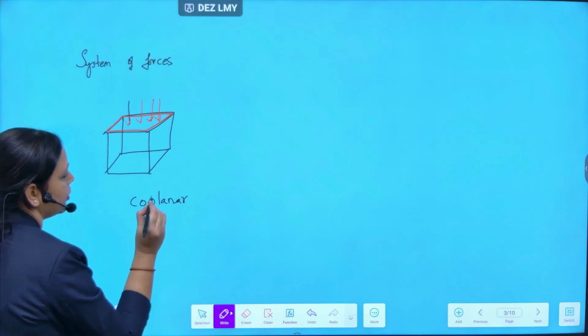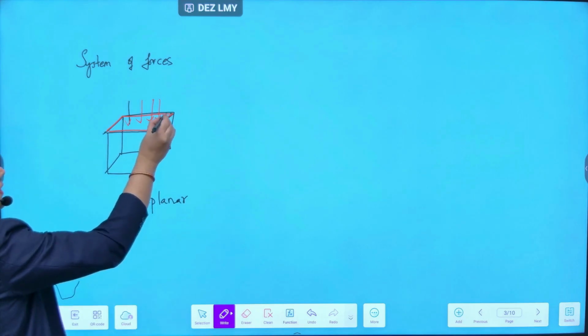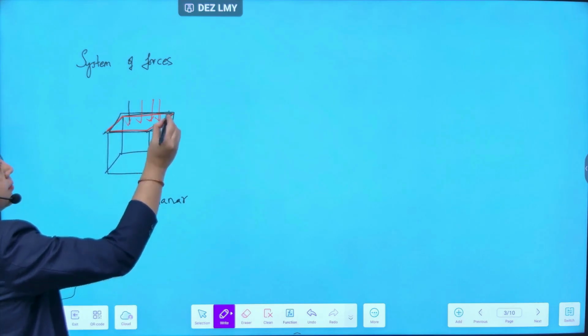Coplanar. That means lying on the same plane.